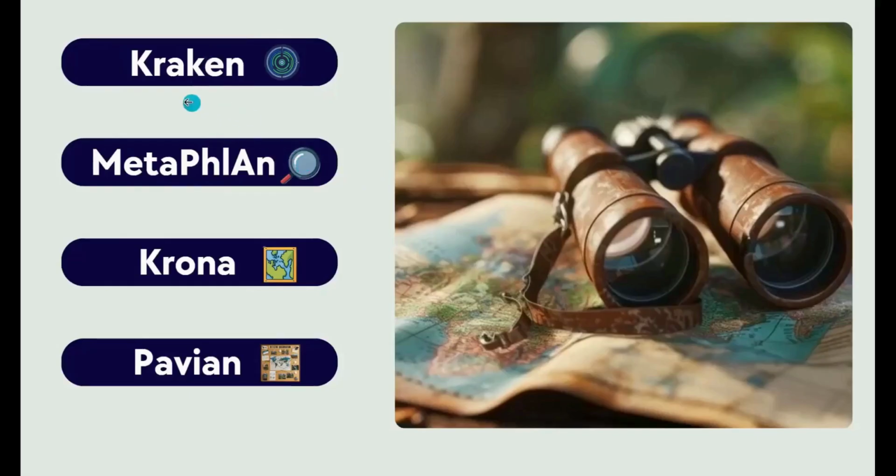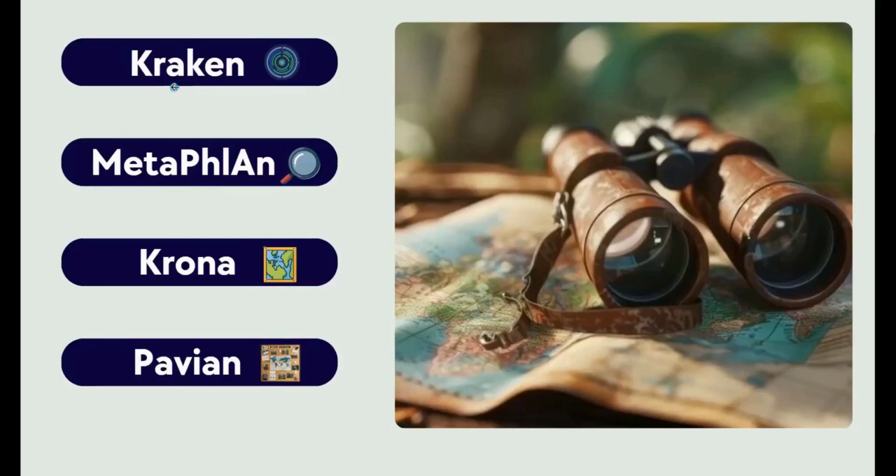Then comes Bracken 2. Honestly, I forgot to add Bracken 2 to the tools list, but Bracken 2 is the smart field guide. It's like a species logbook with built-in counters. It takes the list from Kraken, so if we add it, we will add it here after Kraken. Okay?